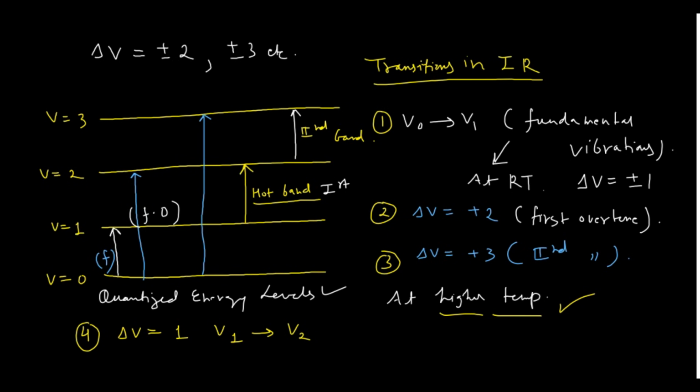So let us look at one thing here. What is the Boltzmann distribution law? That is N1 over N0 equals e to the power of negative h nu 1 over kT. This is the general expression, right?